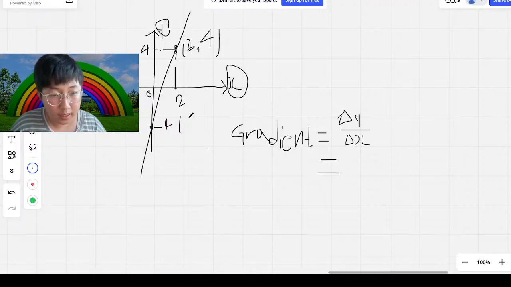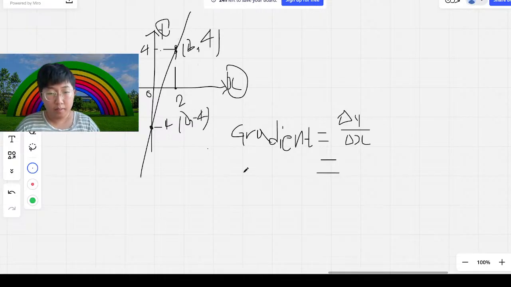And then this is 0 comma -4. So we can see that y has changed a lot compared to just how much x has changed. In mathematical terms, how much has x increased from here to here, which is 2 minus 0, which is just 2.